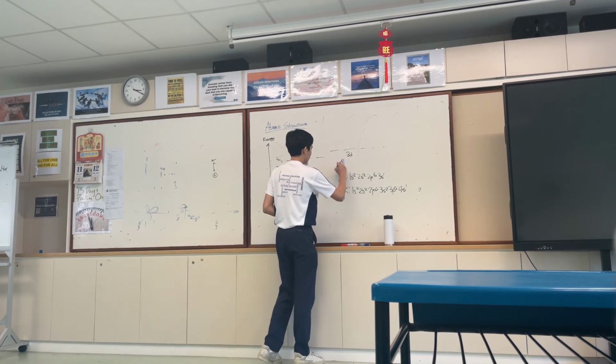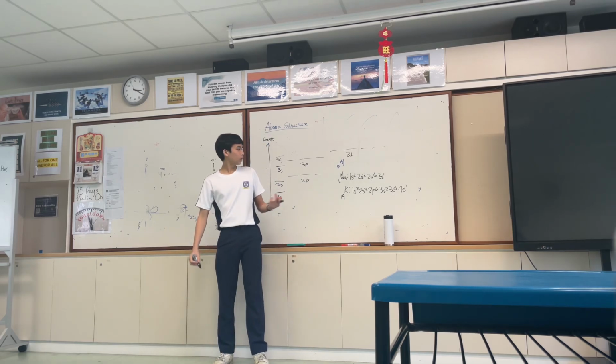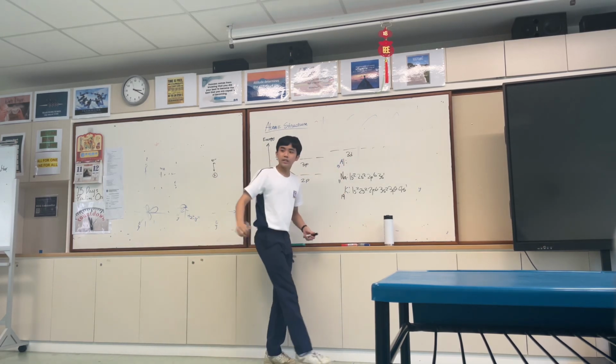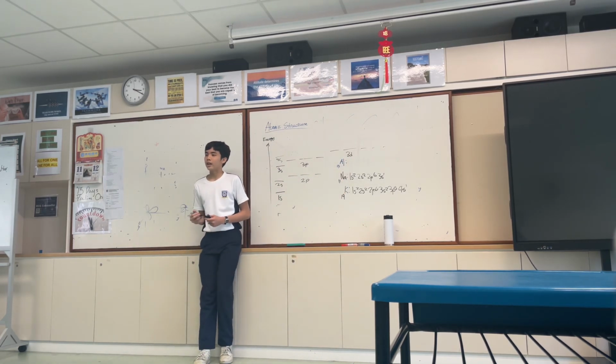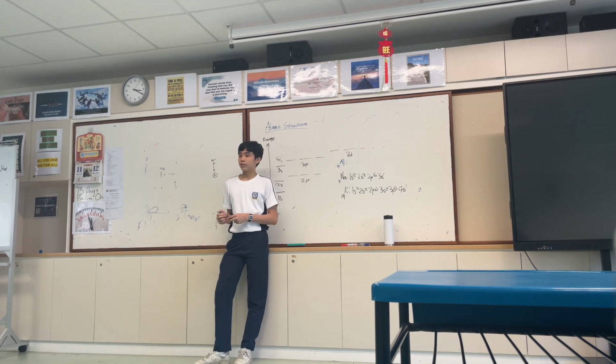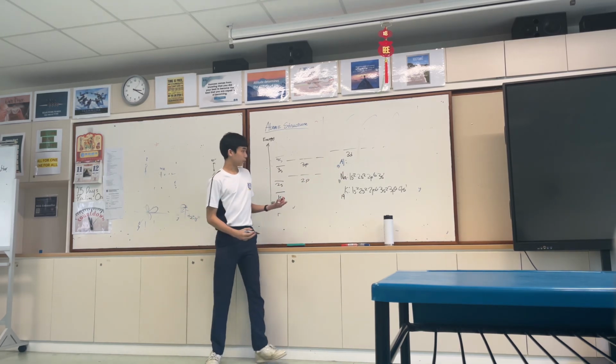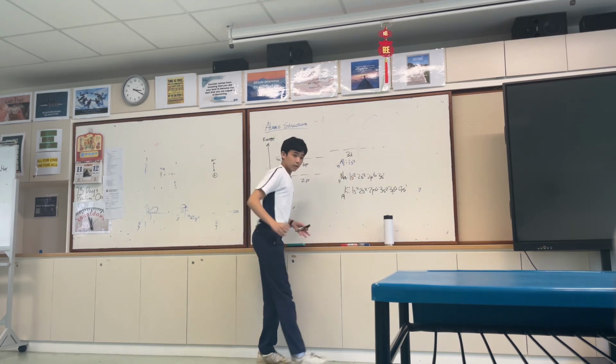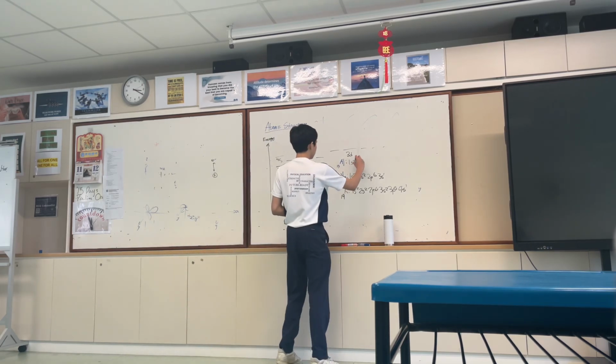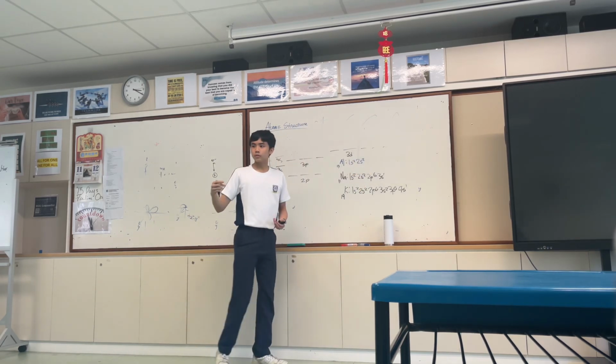Aluminium is 13. So Daniel, how would I write the electron configuration for aluminium? I would go 1s2, 2s2, we move up to 2p6.